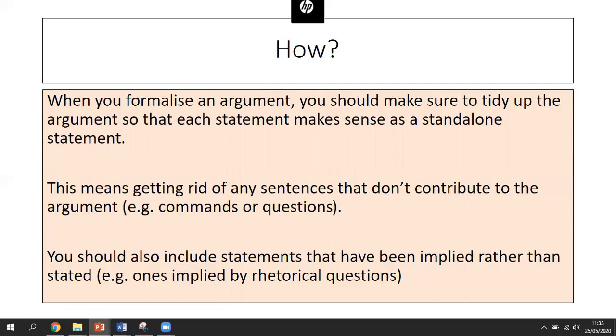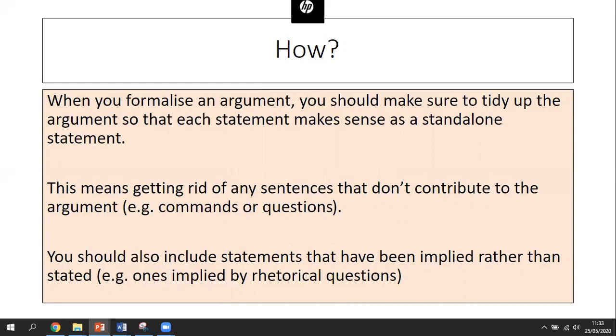You should also include statements that have been implied rather than stated. Now, this is something that's quite interesting because questions do not belong in an argument. However, rhetorical questions, which are questions where it's assumed you already know the answer, can be reworded as sentences.